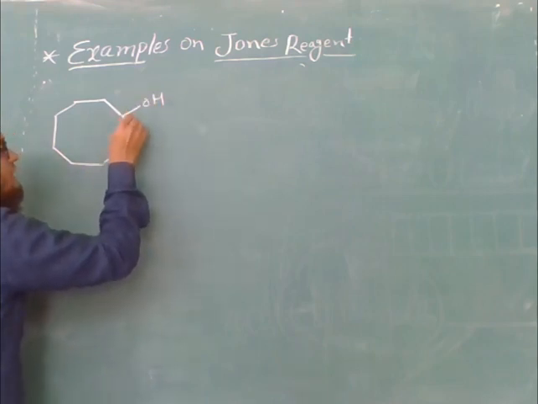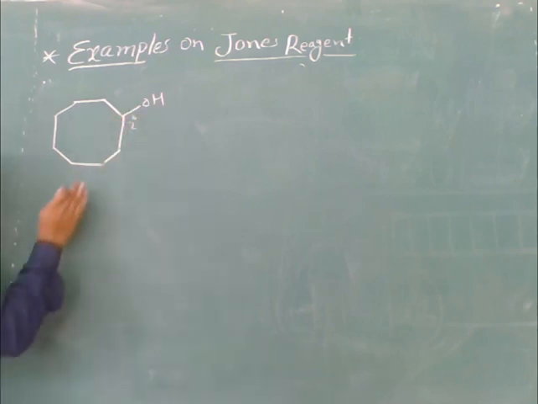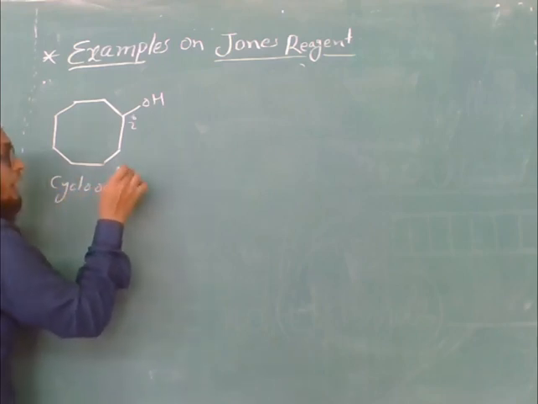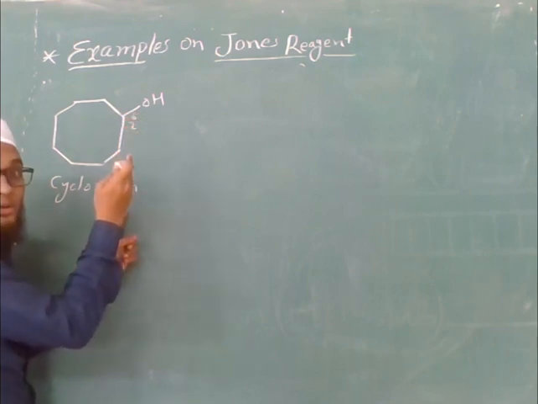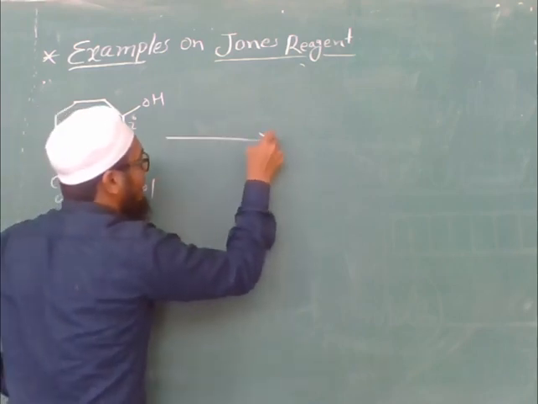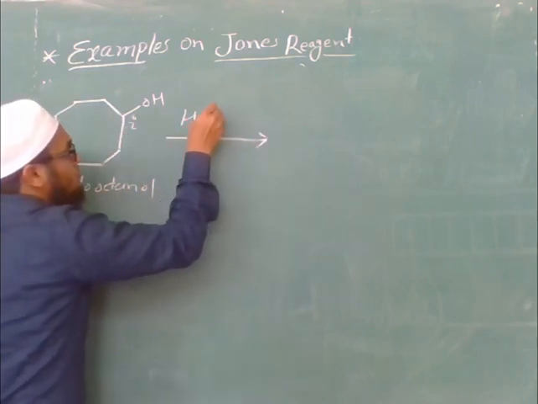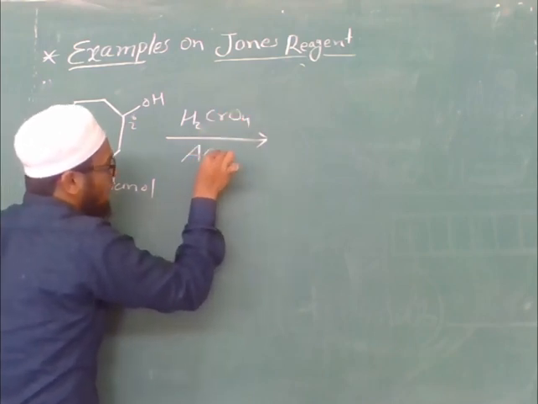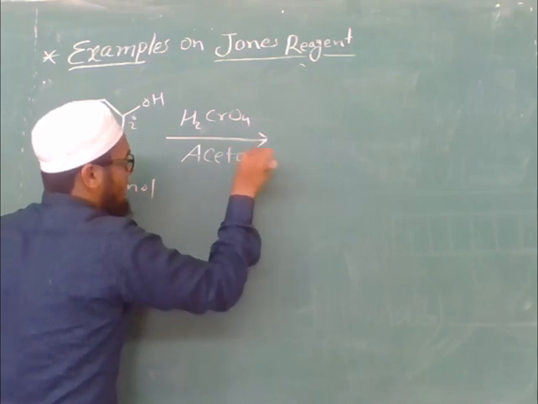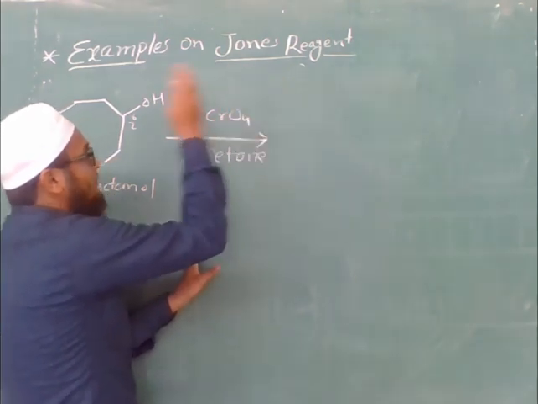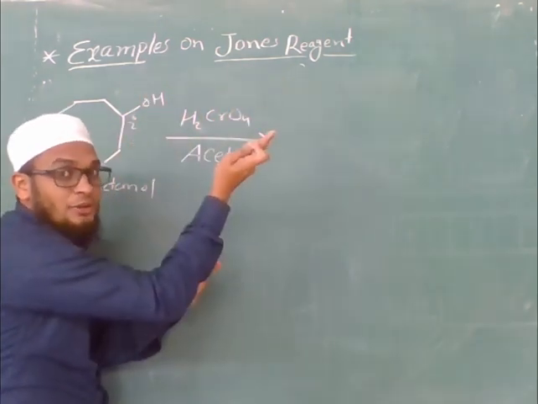So this alcohol is a secondary alcohol, 2-degree alcohol. Now name this compound: cycloocta, and at first position it has an alcoholic group, so cyclooctanol. On reaction with chromic acid, H2CrO4, in acetone as a solvent, we'll use acetone as a solvent. What will it give us? As a function of Jones reagent, it will convert secondary alcohol into ketone.